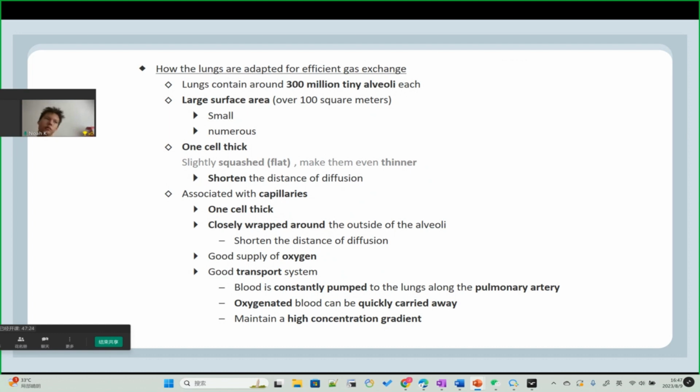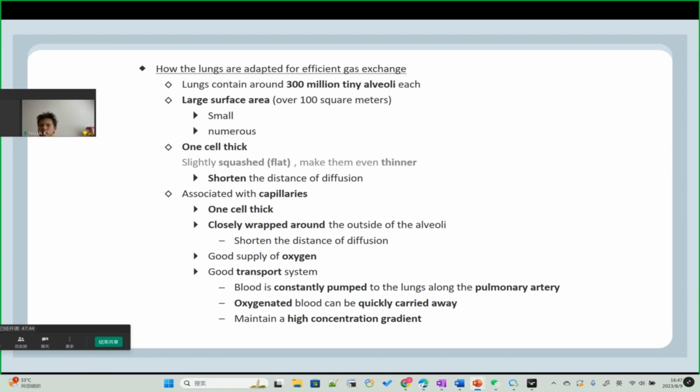So here are the adaptations, and they're quite similar to the adaptations of the exchange surface that we talked about before. The lungs have lots of alveoli, so this large number provides a large surface area for gas exchange.